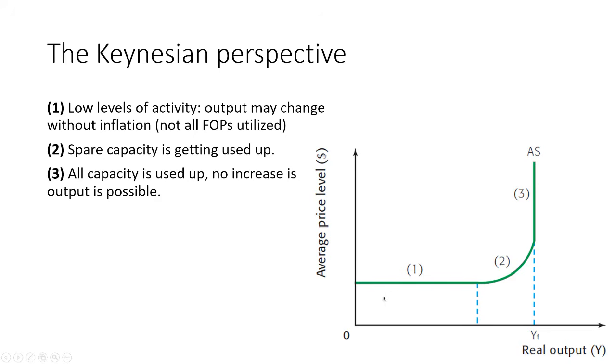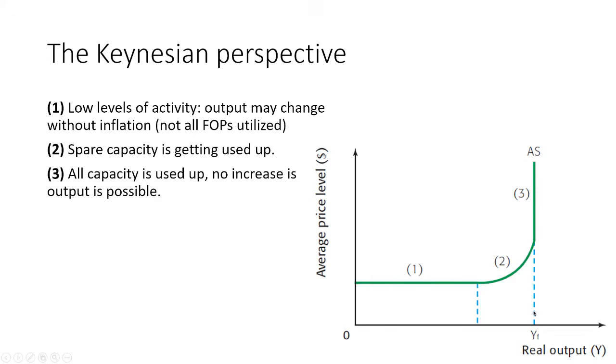So as you can see on this curve, at number 1, there's a low level of activity, so the output may change, but there will be no inflation since you have spare capacity. And then for number 2, you are losing out on that spare capacity, so it's getting used up. So then the price level will start to slowly increase.